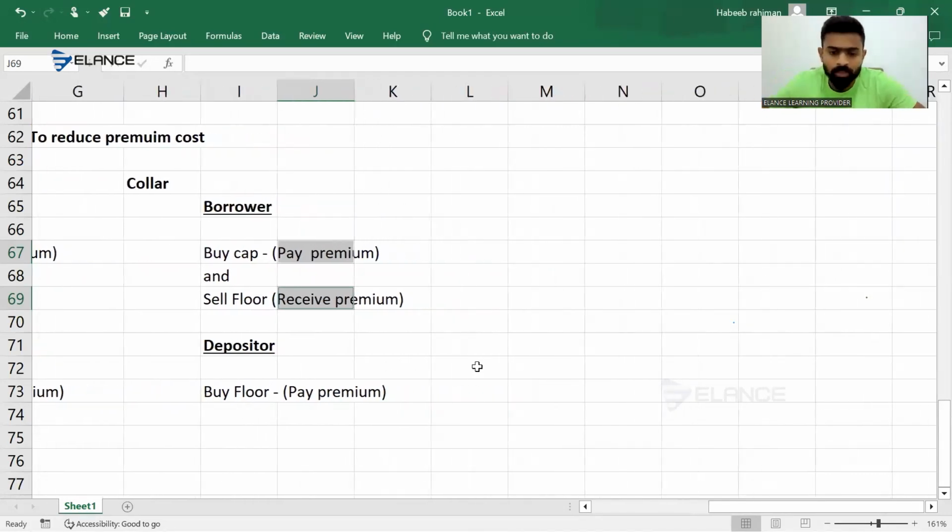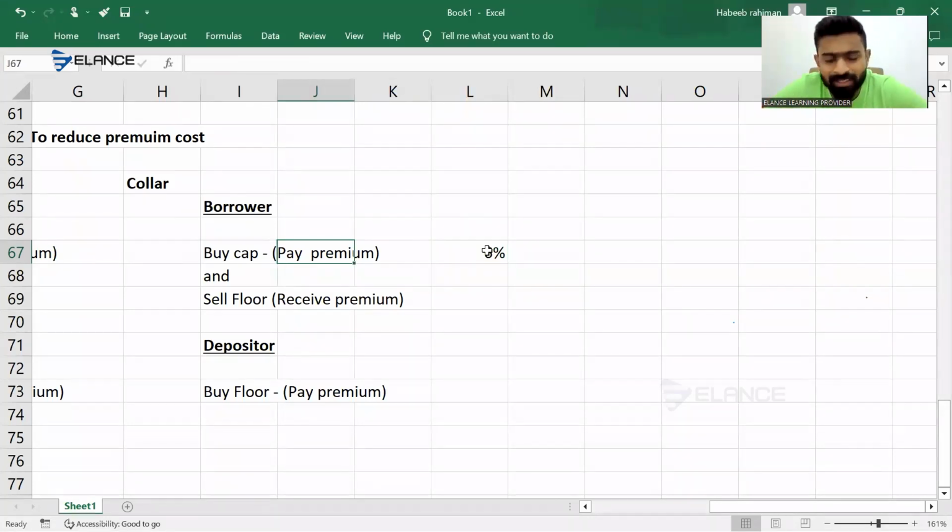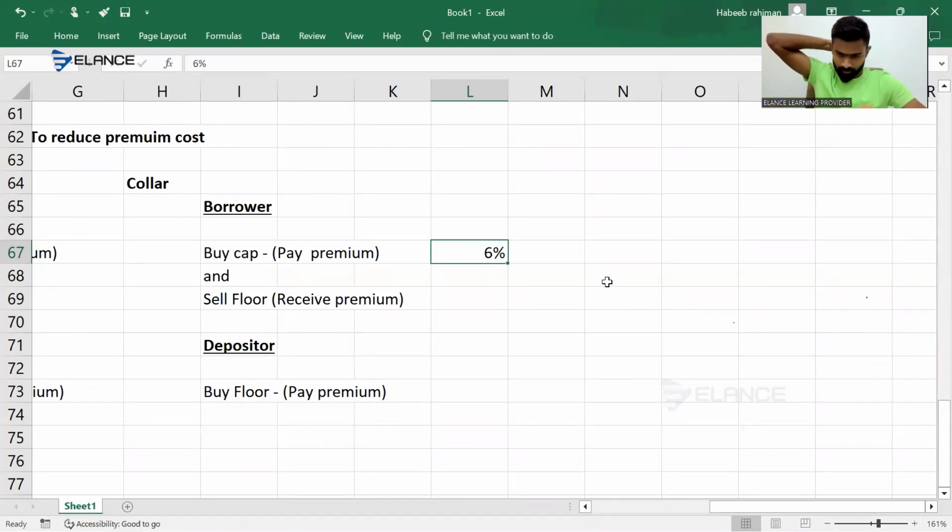But the problem is, previously you were guaranteed 6%. The interest rate won't be more than 6. But if the interest rate reduces, please listen carefully. This is the last point we are going to learn. If you bought a cap at 6%, that means the interest rate won't go more than 6.